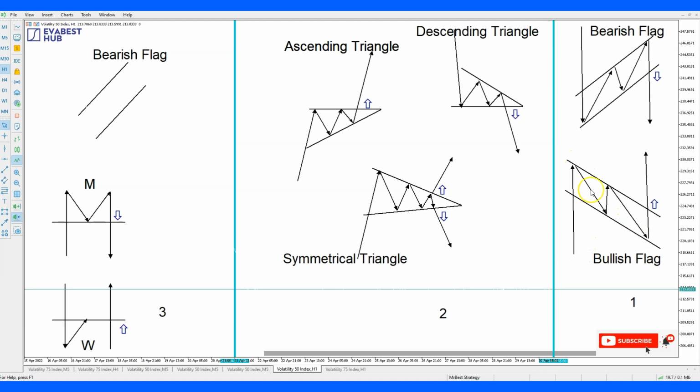After a very nice impulsive move, and you start to see a very tight range market moving towards the downside, then you start to observe that bullish flag formation is in play, right? You don't just conclude until you see the formation. I will tell you where you will now know that, okay, it's time to take a trade. So once you get a very nice impulsive move, a very tight range consolidation phase to the downside, it must tilt to the downside. It must not be horizontal, right? It must tilt to the downside.